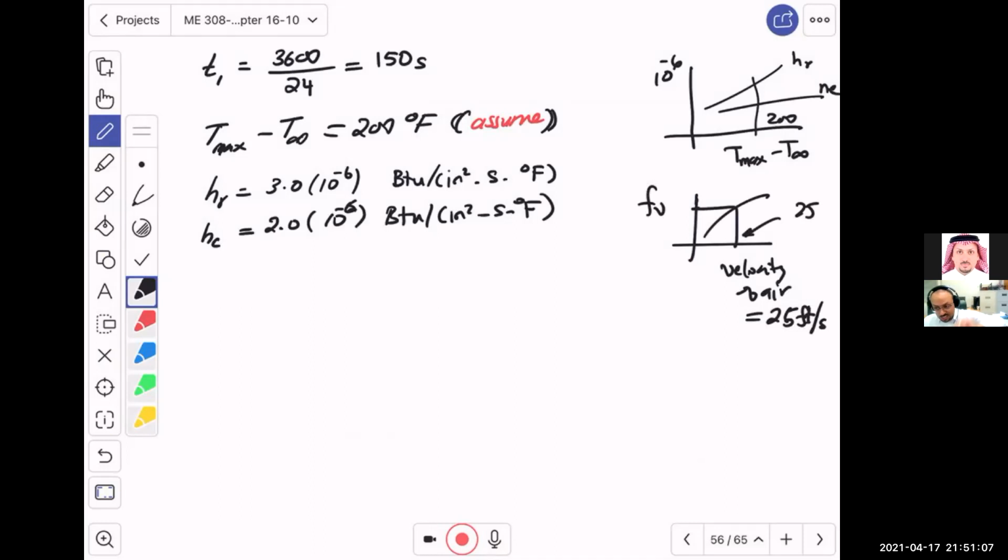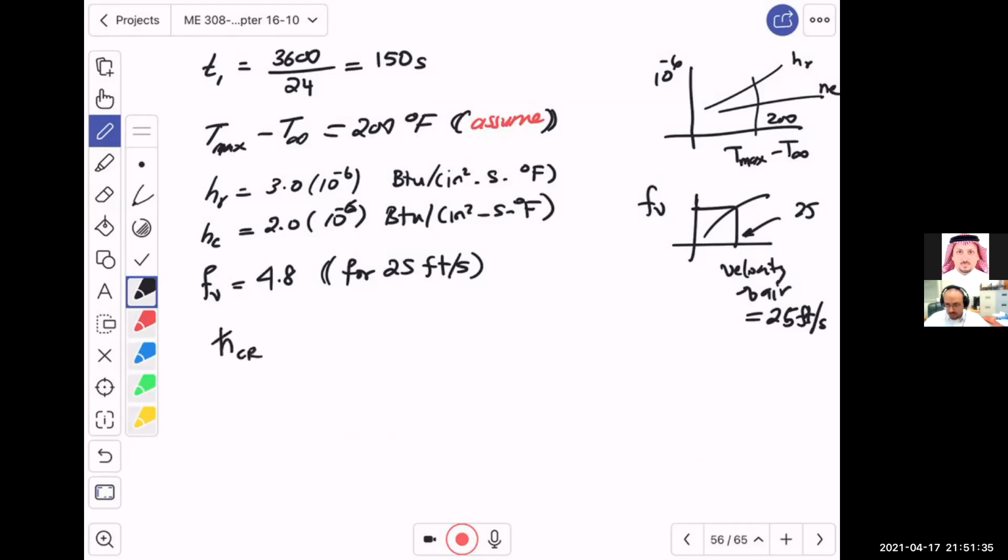So we go to that curve and we will find FV, which is equal to 4.8. Remember, this is for a speed of 25 feet per second. Good. So what we can do right now is find HCR.